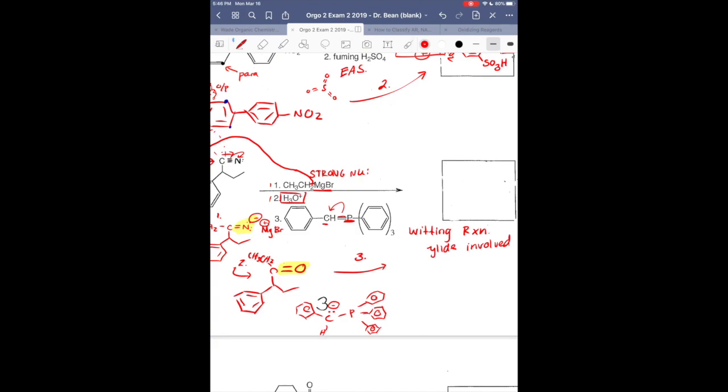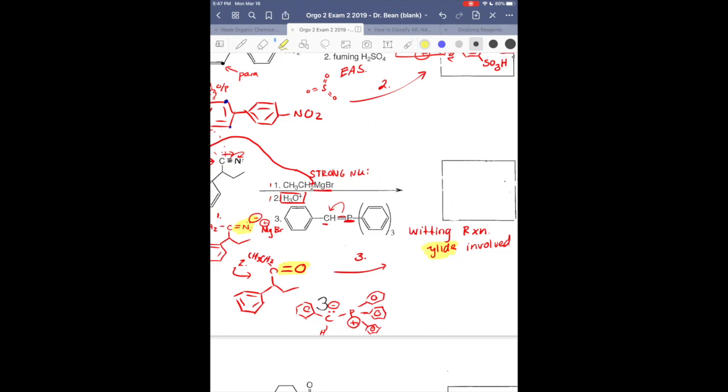And then what would be the charge of the phosphorus? Yeah, the phosphorus, valency of 5, likes to have a positive charge on it. So that is an example of an ylide. That's just a term when you have adjacent atoms in a molecule that have opposite charges, plus and minus, okay?